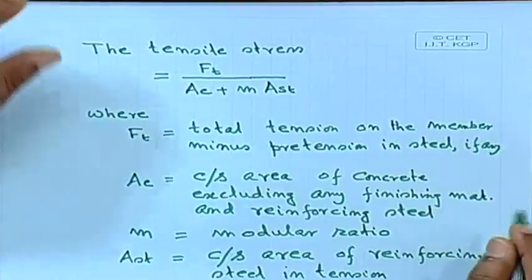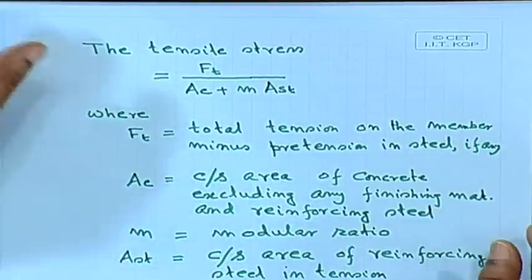Even if you provide plastering on the reinforcement bar from the bottom after casting the beam or slab, it does not mean that you are giving cover. That is finishing material, not part of the concrete. So, we are very specific that we are not considering any finishing material.